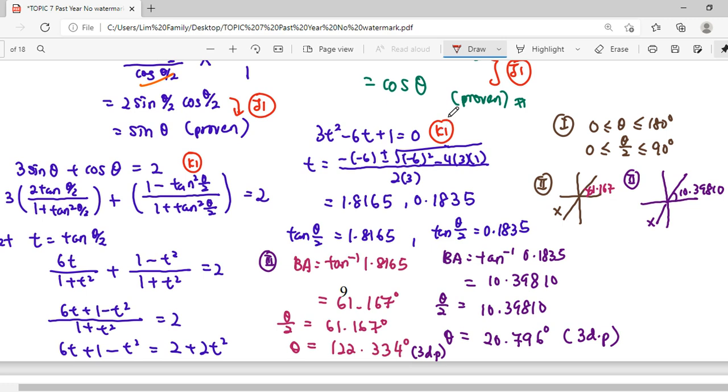So that is the purpose of getting the quadratic, and we managed to solve it to get two values. These two values, we substitute back into our tangent half angle. We want to solve until here, find the values of our tangent, then only we can do our basic angle and get these two answers.